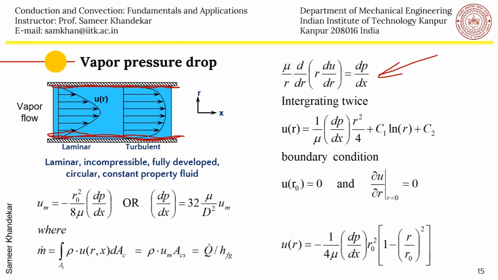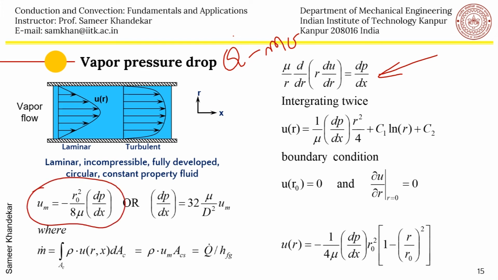The parabolic velocity profile satisfies this equation very well. I don't have to repeat it. The average mass flow rate of the vapor will be equal to Q divided by h_fg, because Q dot is equal to m_v into h_fg, assuming the phase change process is taking place. Then the parabolic velocity profile is second order with the boundary conditions. One is a symmetric boundary condition at the center, and the other is a sort of artificial boundary condition at the corner.